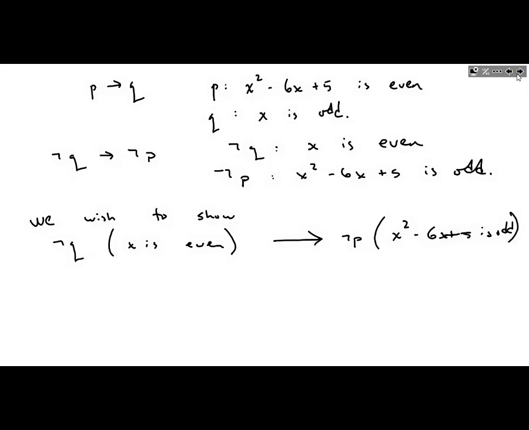So let x be even. Then x equals 2k for some integer k.